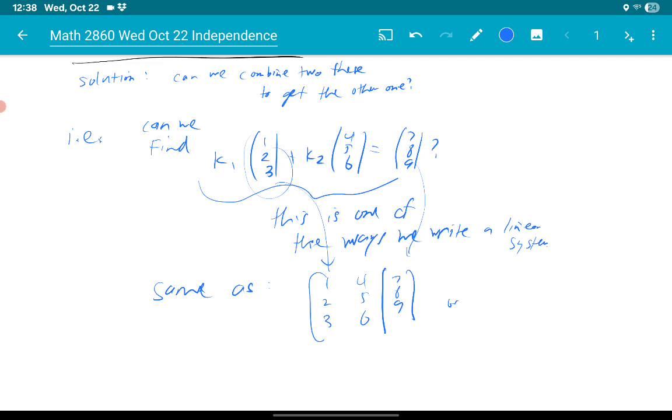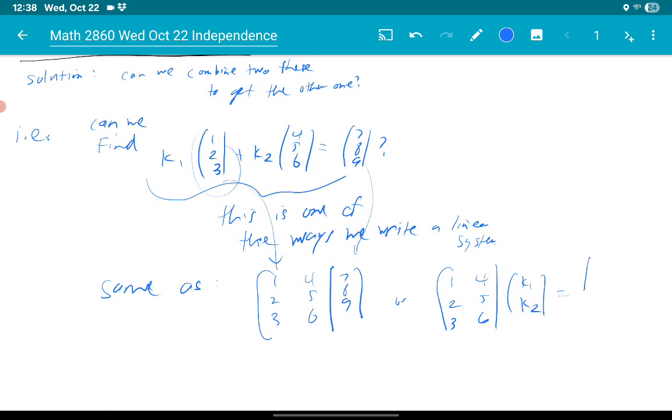Or if you like seeing the K1, K2, it's like this. This is AX equals B form. So I'm trying to solve this system for K1 and K2.